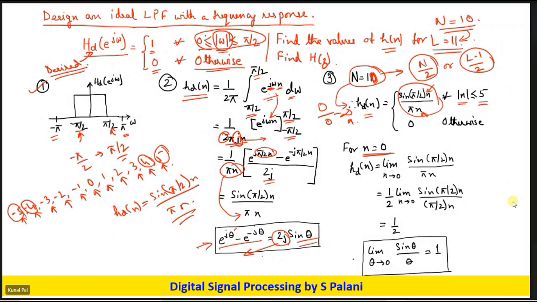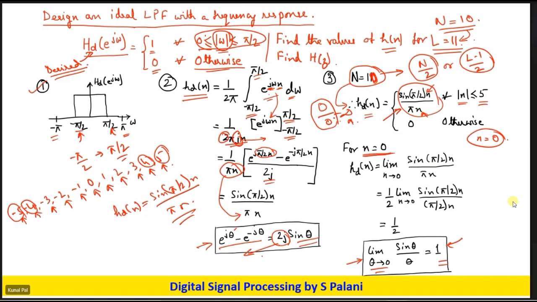We have to use L'Hospital's rule, where it is given that limit of θ tending to 0, sin θ by θ is equal to 1. So we have to apply this equation onto h_d(n). Are you getting my point? For n equals 0, you have to apply L'Hospital's rule to avoid the condition of 0 by 0.